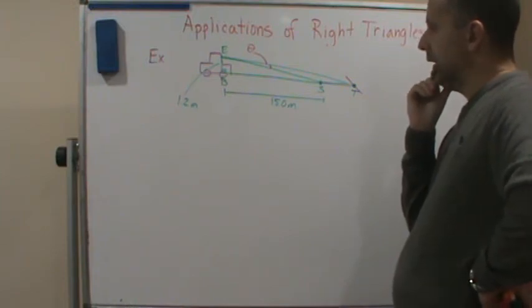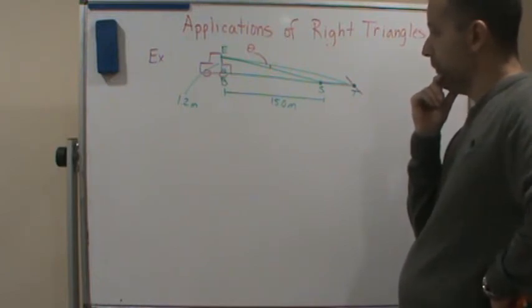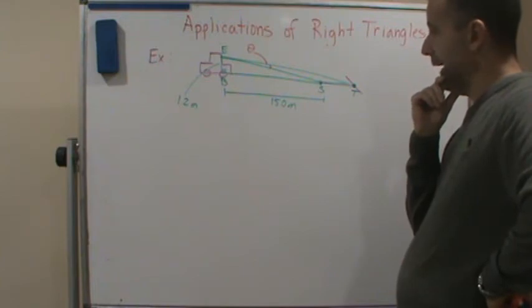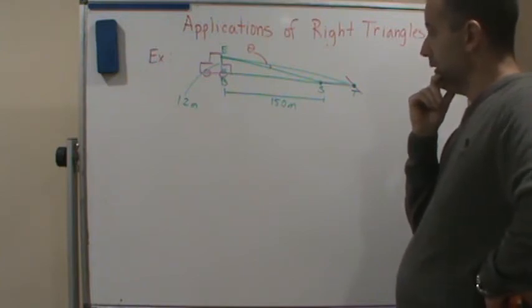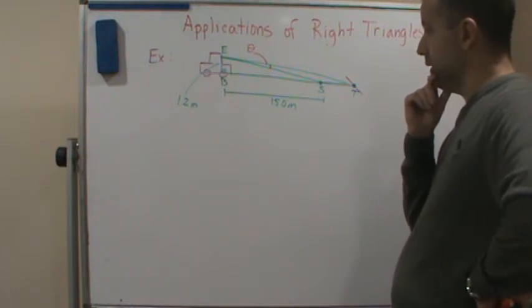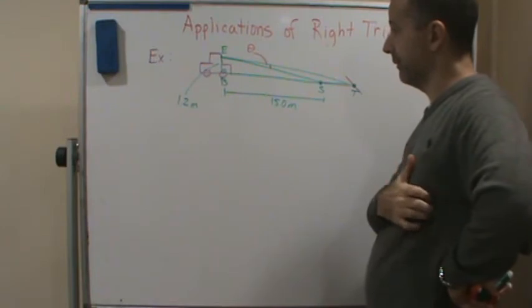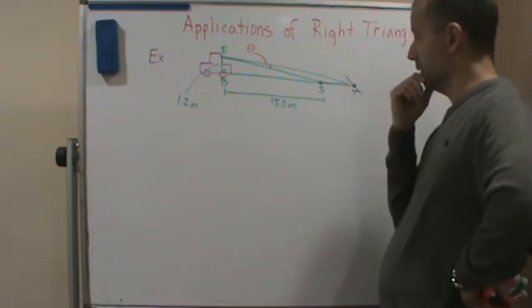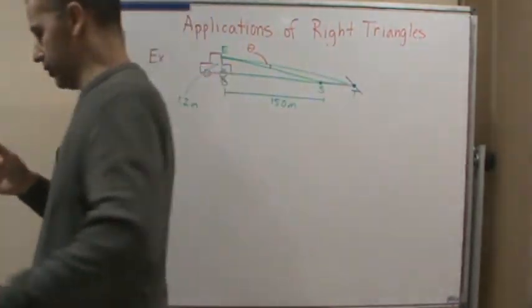We can find angles using tangent, because there are two right triangles here.